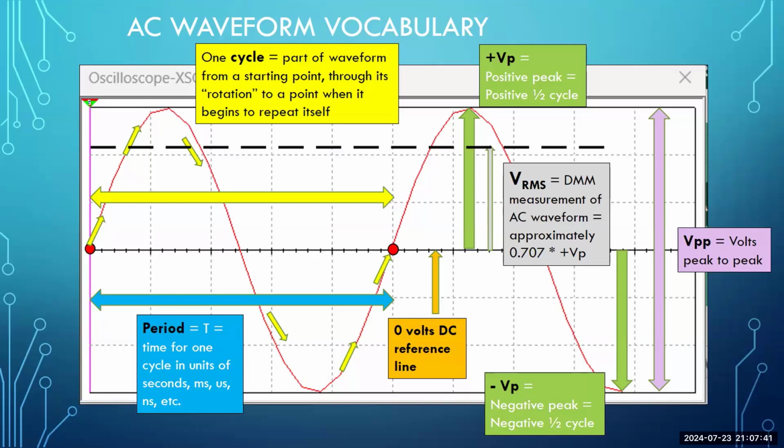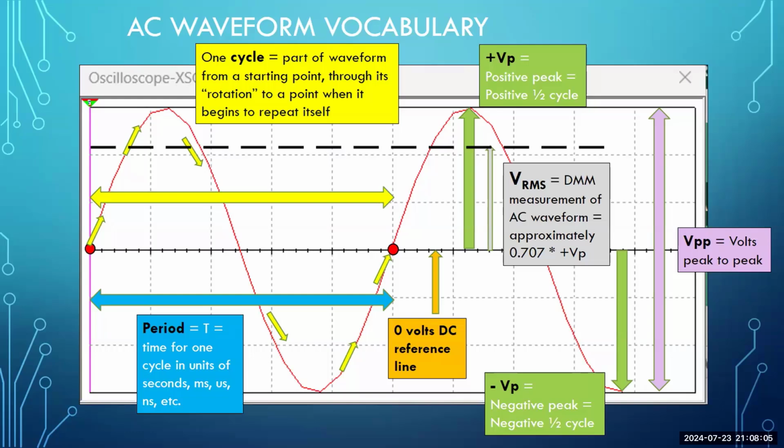Then you have something very unique in a clay-colored box. So the clay-colored box and the clay-colored arrow designate something called VRMS. And in a later lesson, we'll talk in greater detail of what VRMS represents.